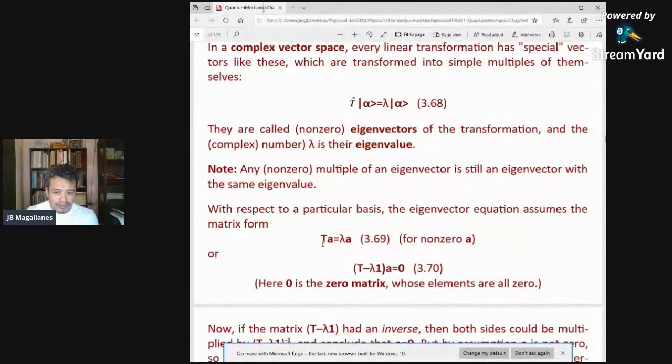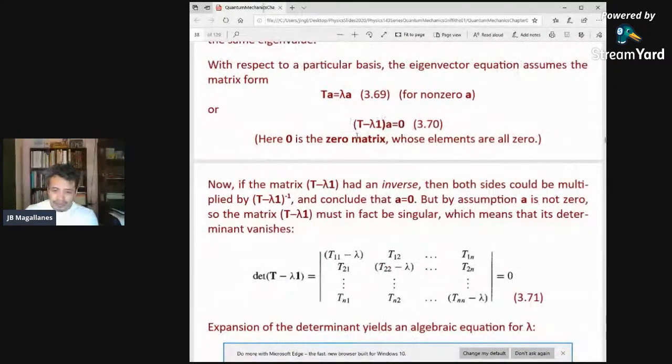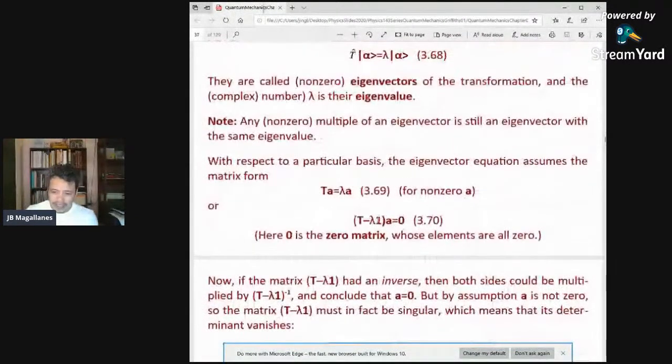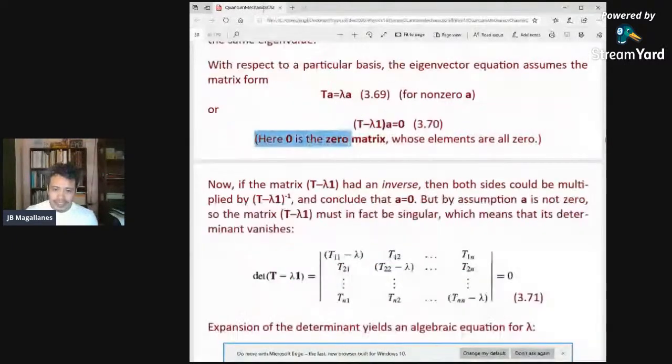You can find them through this equation. This one here is just an identity matrix. If you transfer lambda a to the other side, it would be T minus lambda times 1, the identity matrix, the whole thing multiplied to the vector a, equal to 0. Here 0 is the 0 matrix, so the elements are all 0.